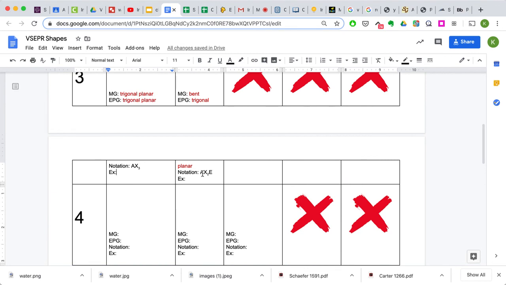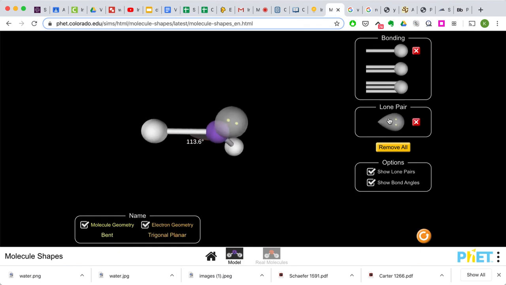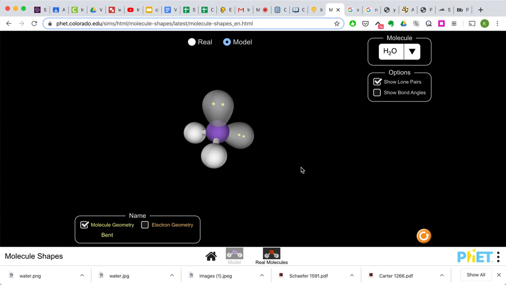That's why this one is now AX2E, because when you look back at this, A, X, X, E. The X's are the bonded pairs. So now you're going to go through taking screenshots and inserting, and you're going to use this as a reference later to study from.